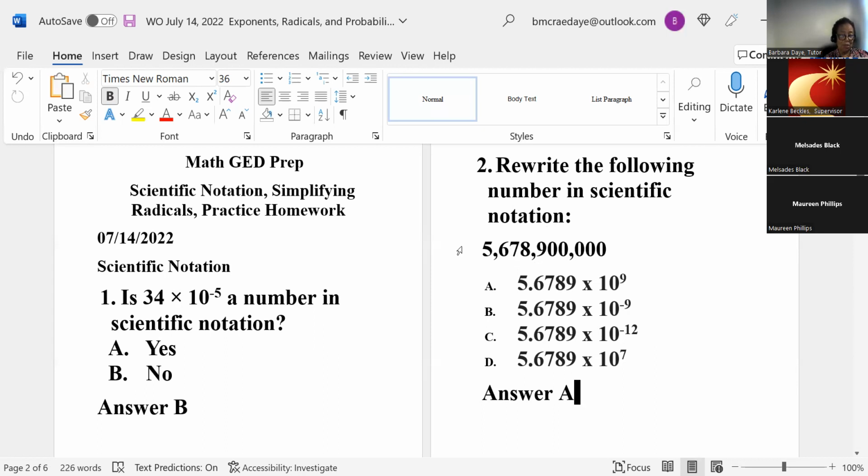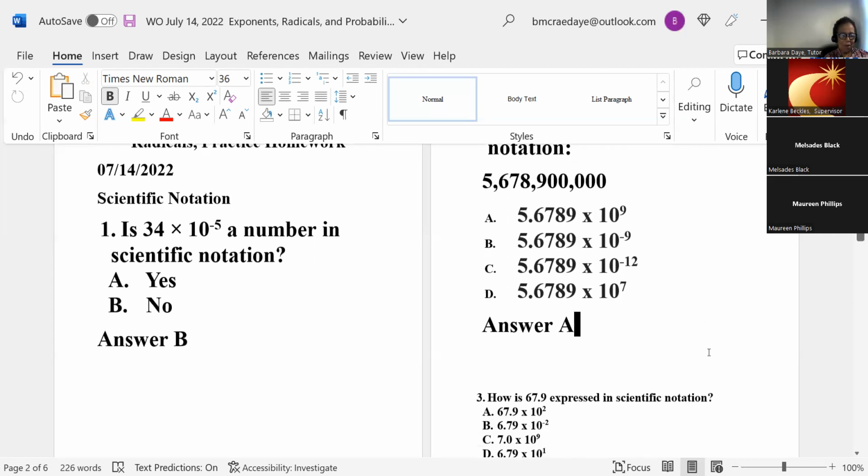If you kept going you could have tens of billions. All you do is say 3 digits, 3 digits, 3 digits, and that puts you between the 5 and the 6. So you have 3, 6, 9, and your exponent is 9.